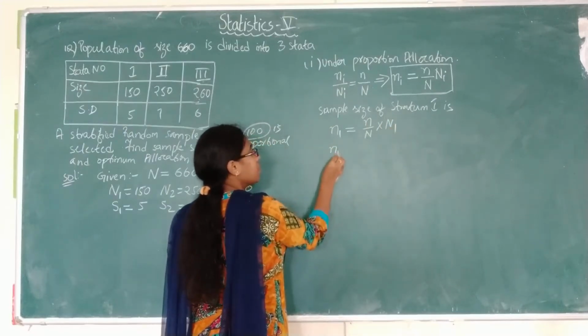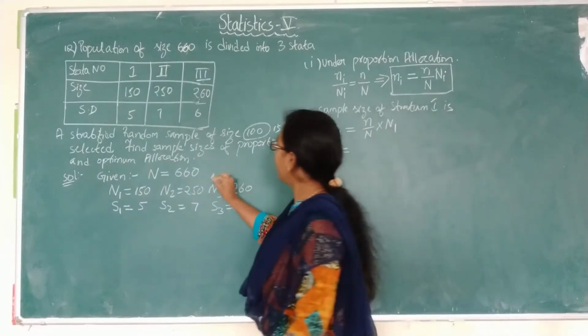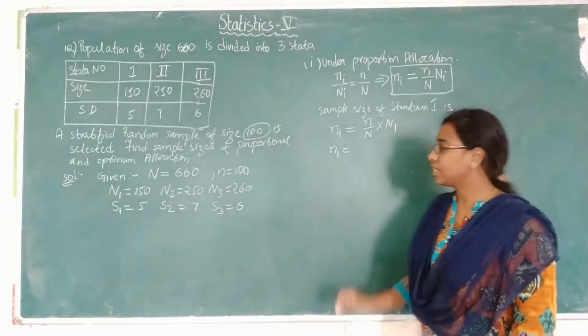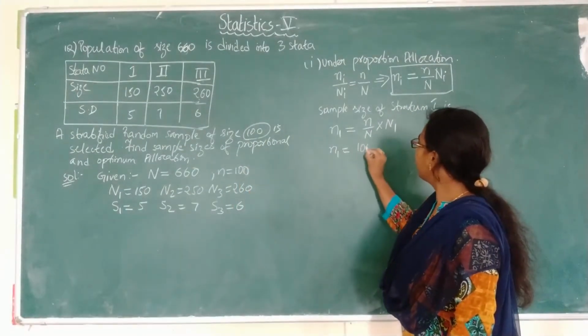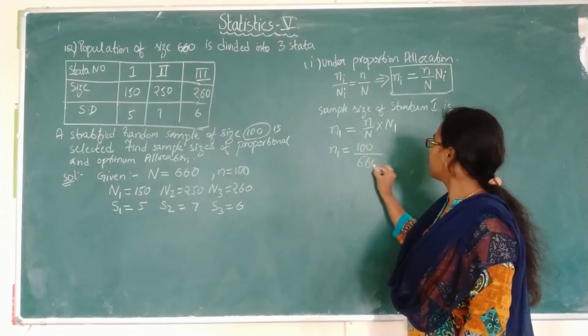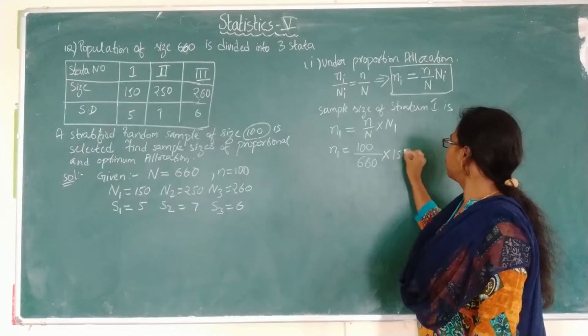Substitute the values: the sample size n is 100, already given, divided by 660 into N1 value 150.